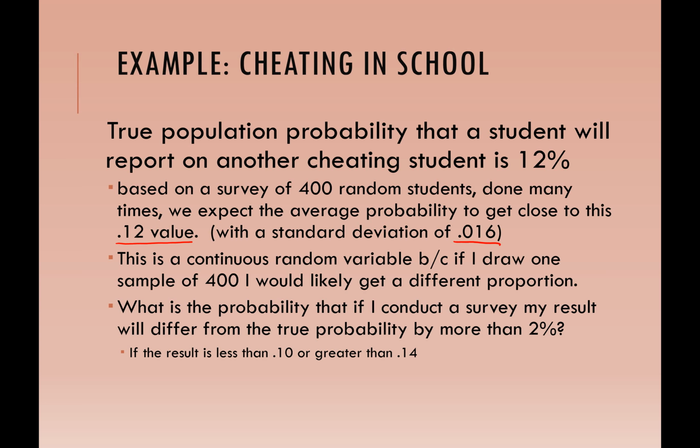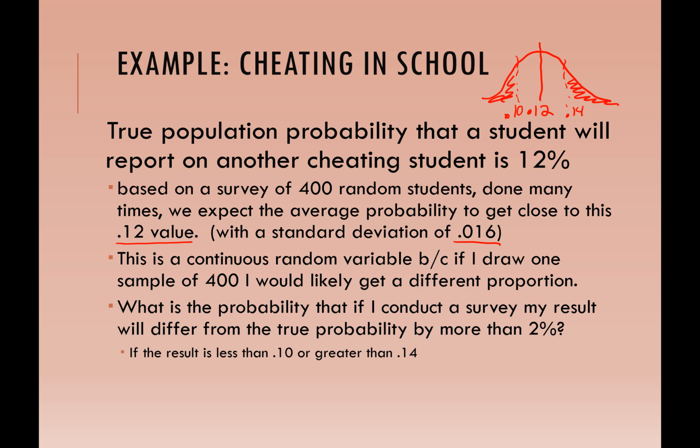So how you do this is if we're going to differ by more than 2%, if I drew the normal curve, and I had 0.12 is my mean, and 2% down would be 0.10, 2% up would be 0.14. We want to know these two values.